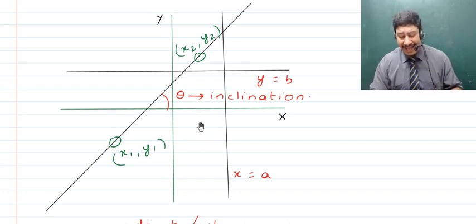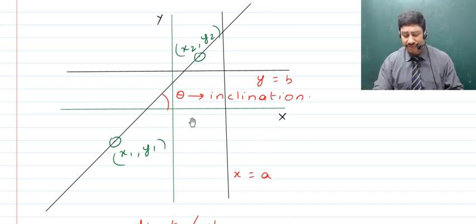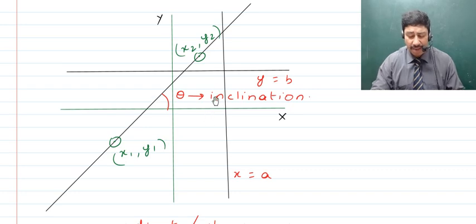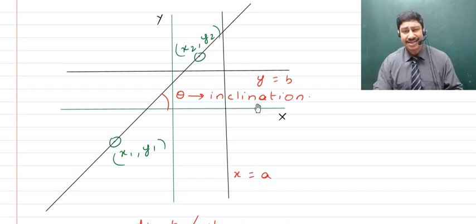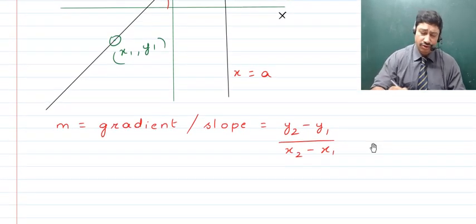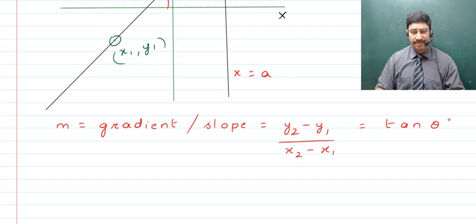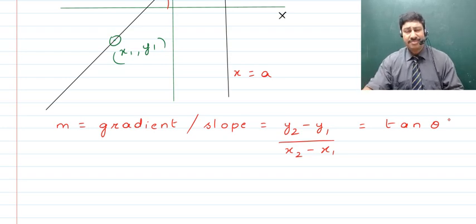The angle which a straight line makes with the positive direction of the x-axis in the anti-clockwise direction and above the x-axis is known as the inclination of the line. Right? Now when we have the inclination of the line, then again we can find out the gradient, and that is given by tan of this angle of inclination. Right? So these are the two ways by means of which you can find out the slope or the gradient of the line.